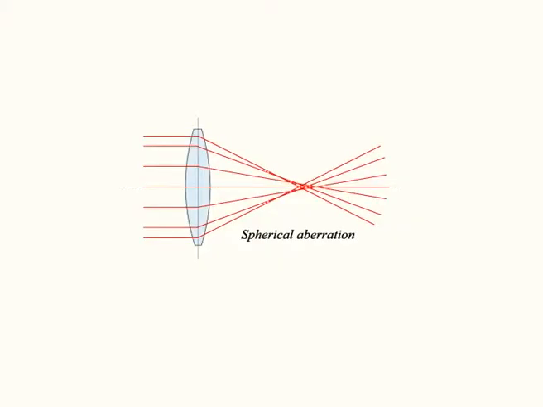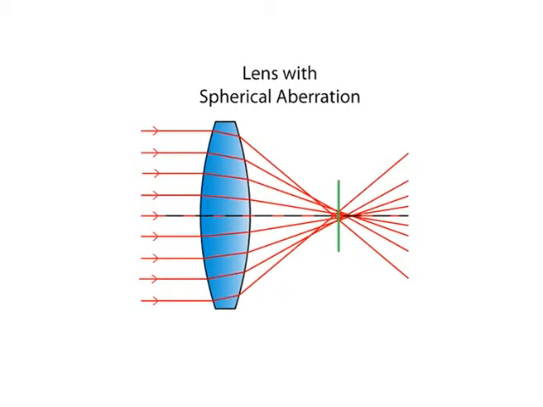It is an optical problem that happens when all the incoming rays end up focusing at different spots along the lens axis after passing through the spherical surface. In other words, the parallel rays of incoming light do not converge at the same point.